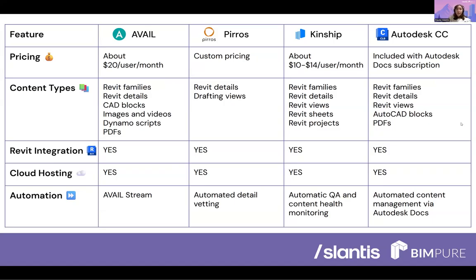All of them have Revit integration, a plugin for Revit. All of them support cloud hosting. The good thing about Avail, as Nico said before, is that you can have it on your Google Drive server. And for automation, each one of them has different systems.